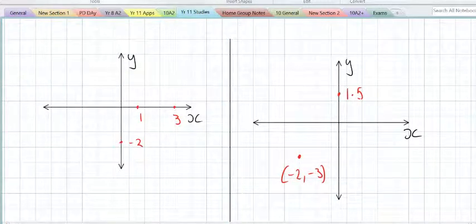And then when you've drawn those, give your best attempt at a function that passes through those points I've given you.